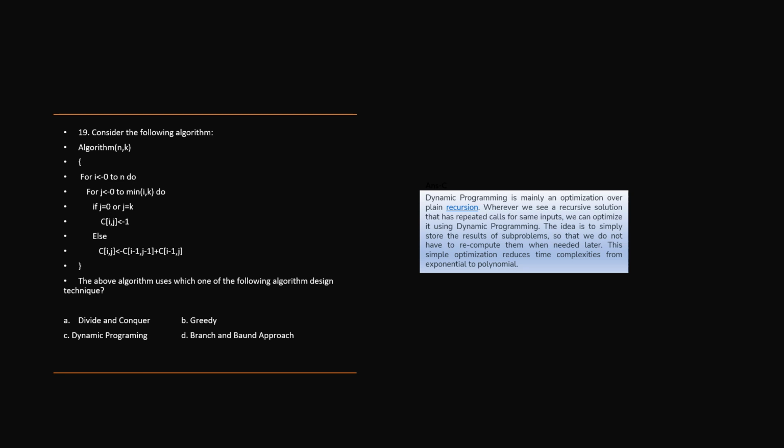If j equals 0 or j equals k, Cij would have 1 at that location, and else Cij will have the summation of C(i-1, j-1) and C(i-1, j).